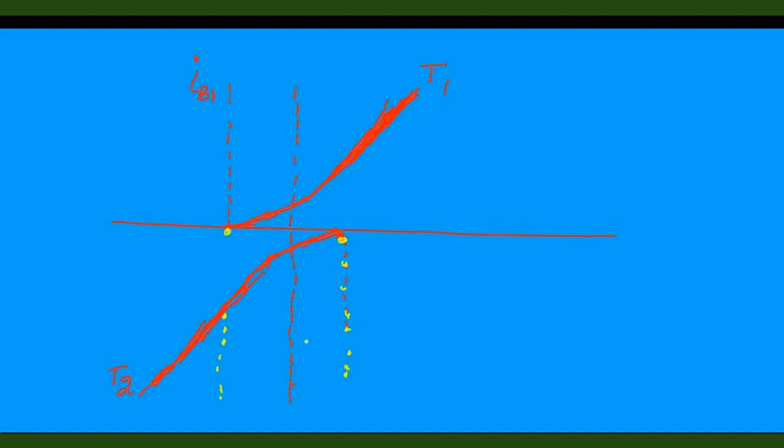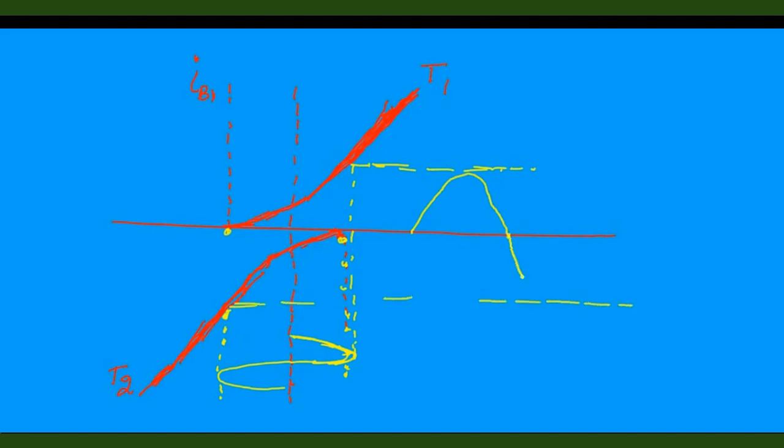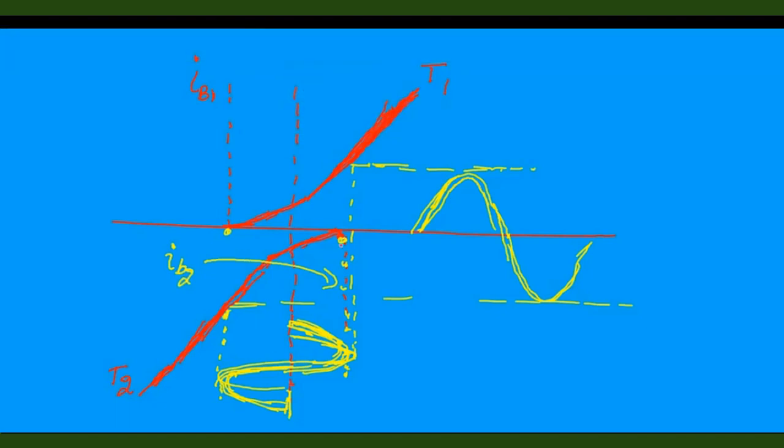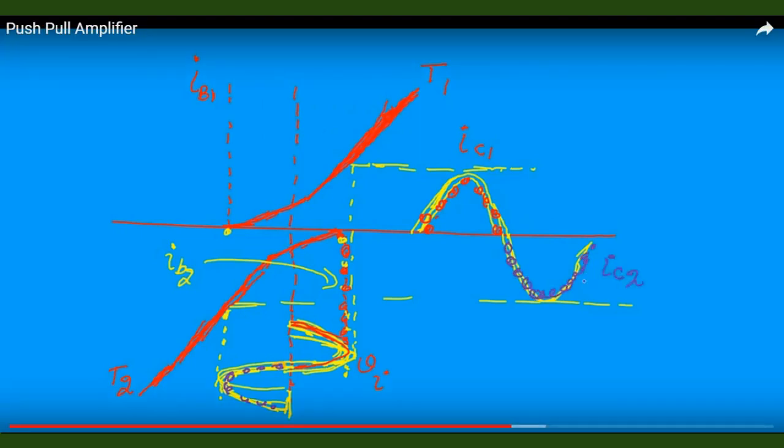There are some base currents IB1 and IB2, so the collector current is now not exactly zero for any time. That is an advantage. There is no crossover distortion appearing now. It happens because of the presence of some base currents, so crossover distortions are eliminated. That's very good.